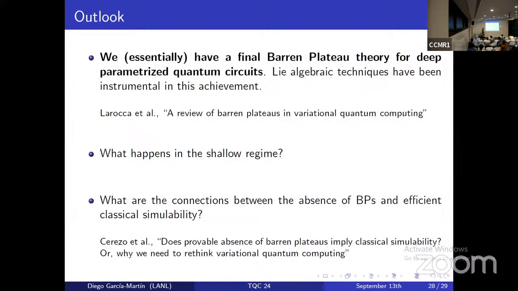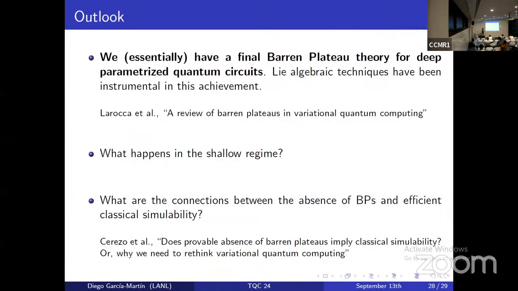And then a very pressing open question as well is: what are the connections between the absence of Barren plateaus and efficient classical simulability? Because what we argue in this paper is that for many or most of the examples that we can come up with, except very contrived ones, which are based on Shor's algorithm and things like that, whenever we observe absence of Barren plateaus, we also find efficient classical simulability.